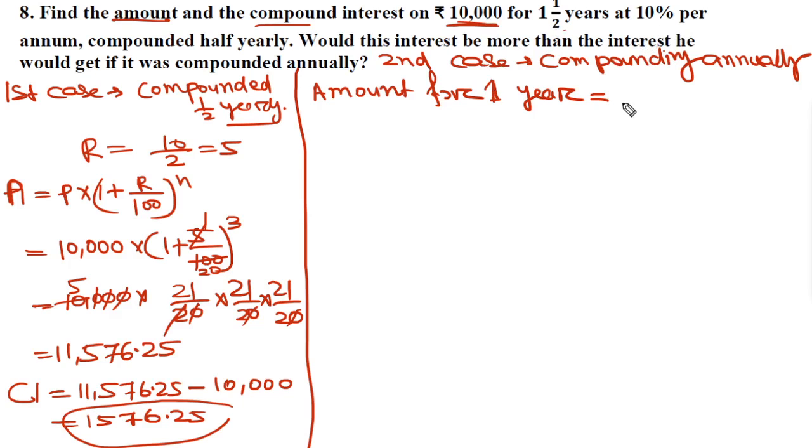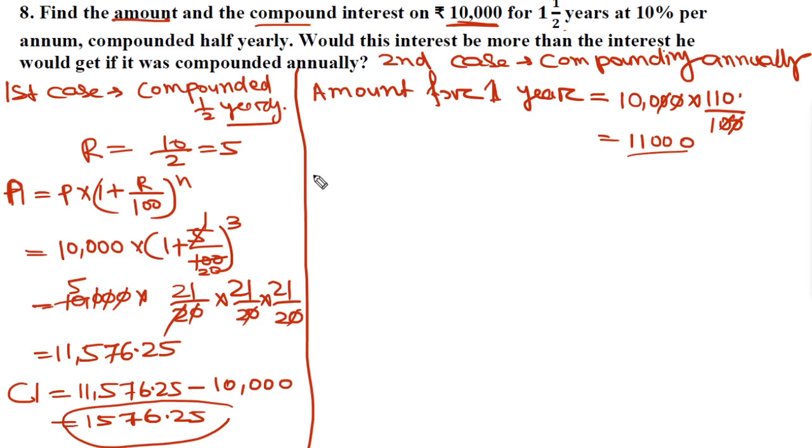So it will be equal to 10,000 into 110 by 100. Now you can cancel 2 zeros, so it will be equal to 11,000. So amount for 1 year is 11,000.